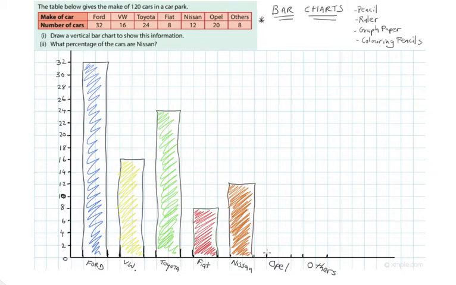Now Opel, there's 20 Opels, so I have to go up a bit. So up to 20 here and come across and then down. All the bars are equal. What color will I use here? Purple. I'll speed this up a bit.